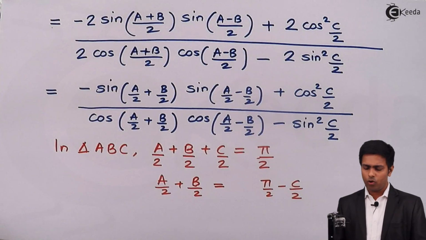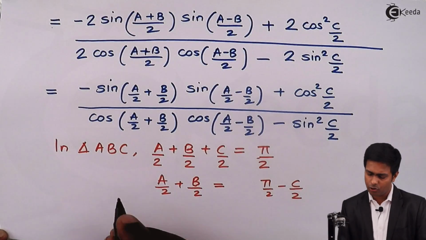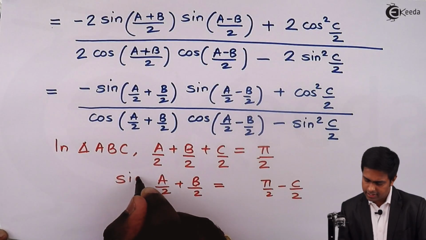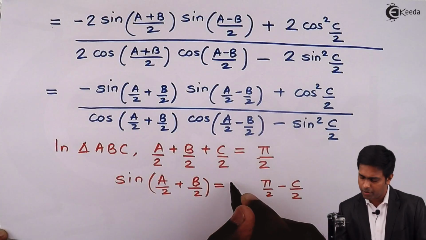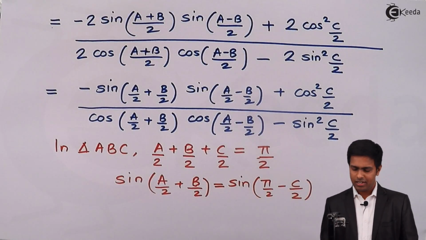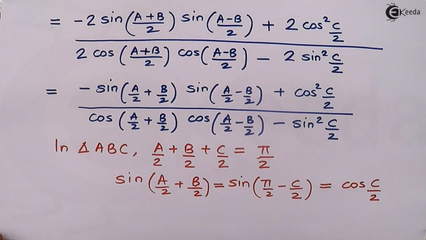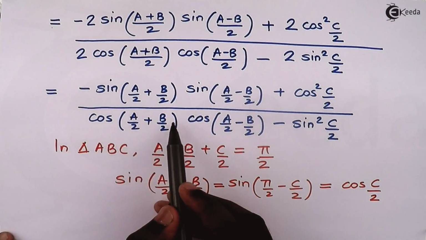Now as I want sine of this A by 2 plus B by 2, I'll apply sine on both sides. So here I'll say sine of (A by 2 plus B by 2) is sine of (pi by 2 minus C by 2). And sine of (pi by 2 minus C by 2) is cos of C by 2. So here we got the value for this. Now let's find out the value of cos of (A by 2 plus B by 2).